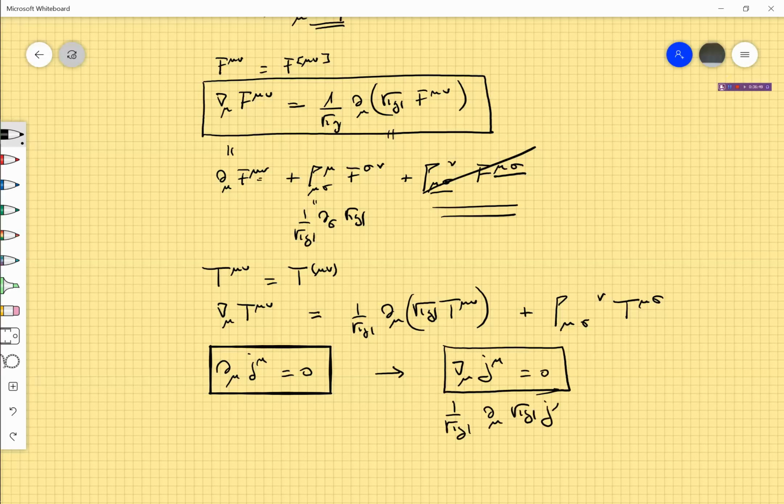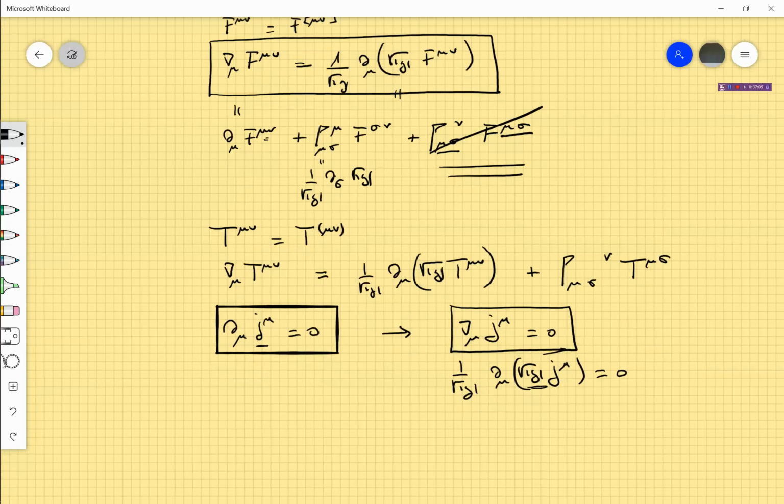okay, now you could say that well, it is the same equation, but instead of an equation involving just the current, it's involving the current times a square root of g, and it is still the same.